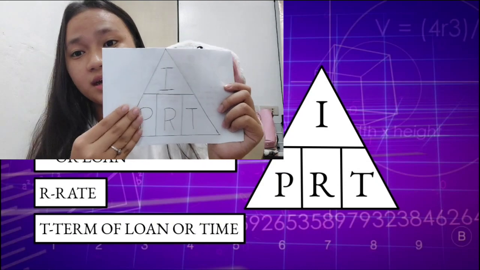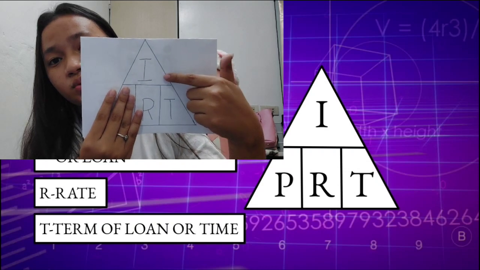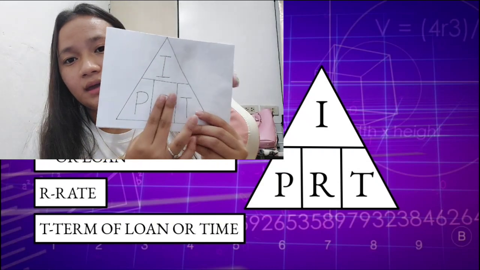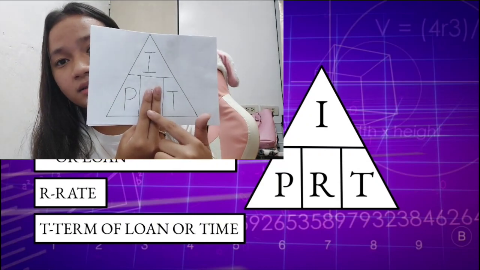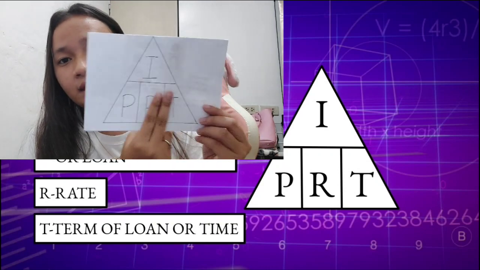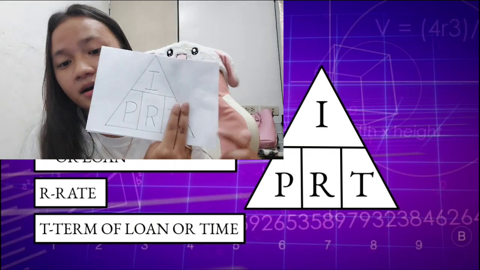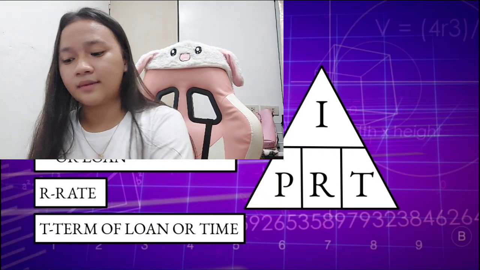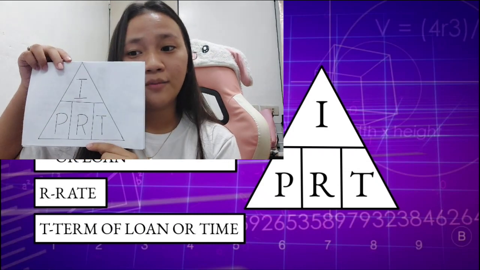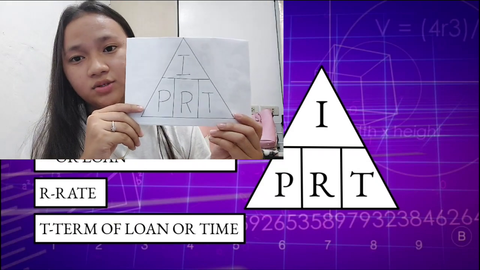When you need to get the P, you cover it, and P is equivalent to I over R times T. And R is equal to I over P times T. And T is equal to I over P times R. Mas makakatulong ang triangle na to para malaman ang mga formula, kung ano ang mga nawawala na kailangan mong isolve.